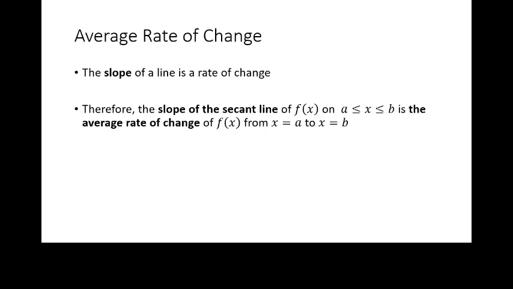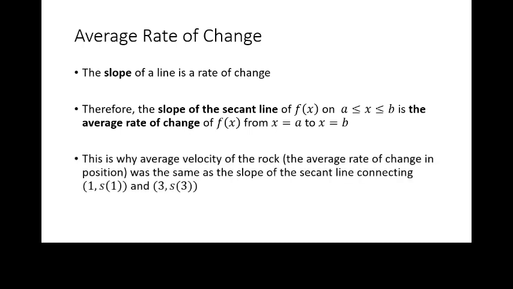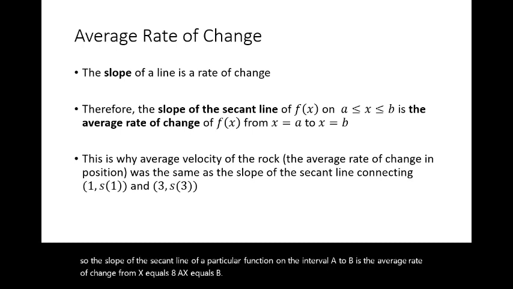So the slope of the secant line of a particular function on the interval a to b is the average rate of change from x equals a to x equals b. So that is why the average velocity of the rock was the same as the slope of the secant line that connected 1 comma s of 1 and 3 comma s of 3.